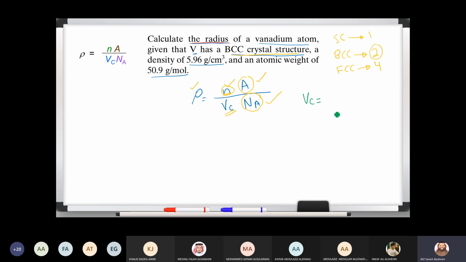The volume of the cube. Do you remember? The mass over the density. Mass over density. This will give you the volume, correct. But also we know from the cube, we can find out the volume.